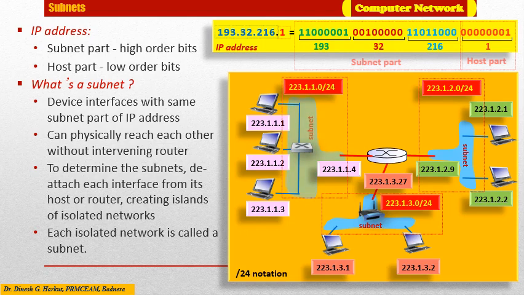Here all the devices on the subnet can physically reach each other without an intervening router. As seen, all these hosts as well as the interface from the router can be reached without an intervening router.